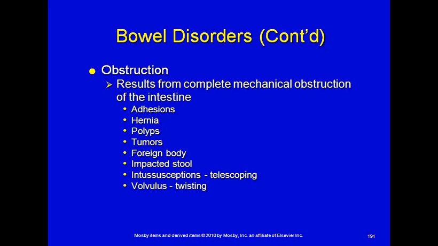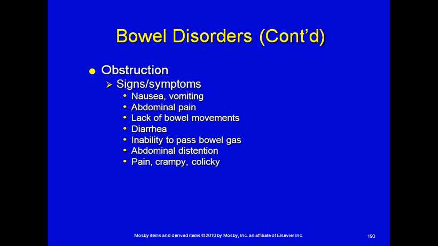Tumors, foreign bodies, impacted stool. Intussusception is when the bowel telescopes within itself. Seen more in children than others, but when it does occur, it leads to a bowel obstruction. Or a volvulus, which is a twisting of the bowel. And that not only obstructs the bowel, but also decreases blood supply distal to that volvulus.